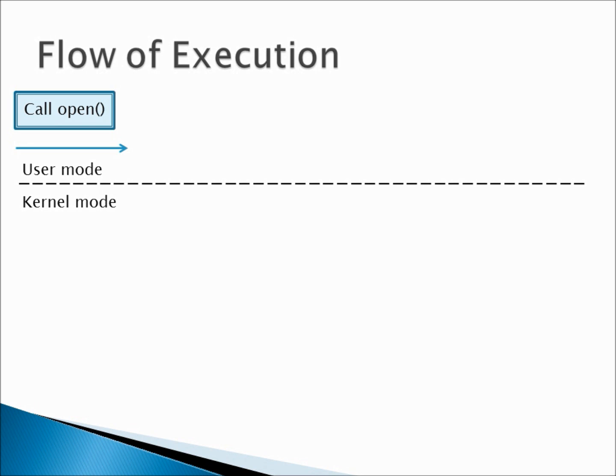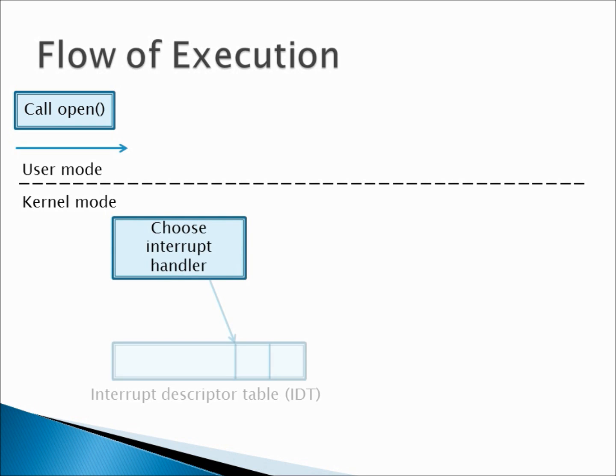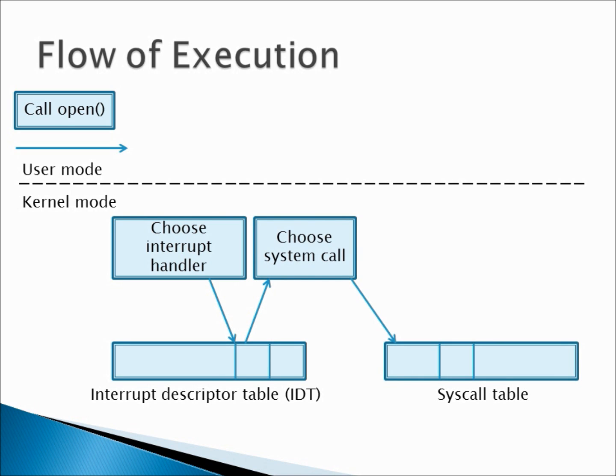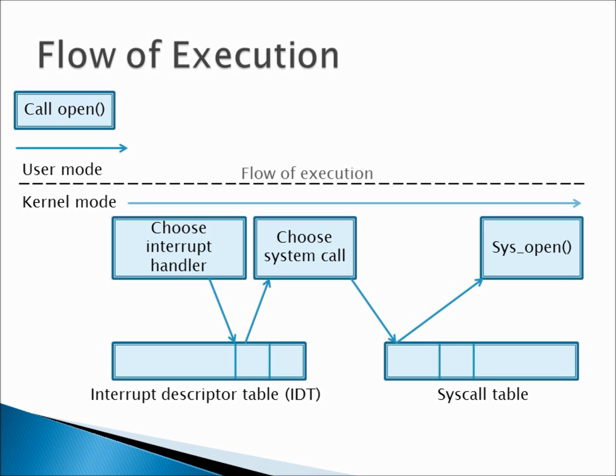The interrupt descriptor table IDT is referenced and the corresponding interrupt handler is called. The interrupt handler references the syscall table to finally call the function sysopen. This is the usual flow of execution.